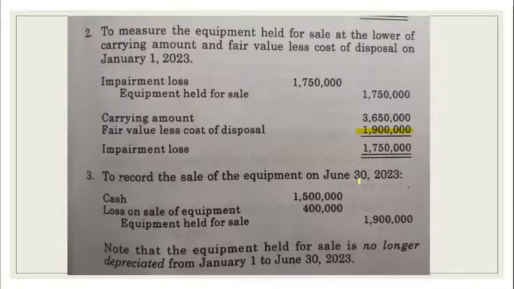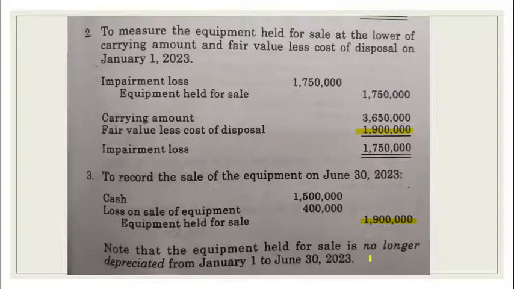Now, on June 30, katong nabaligya na ang imuhang equipment. So, of course, you have here cash of 1,500, loss on sale of equipment na 400, and the equipment held for sale na already, ang ihang measurement is already at 1.9 million.